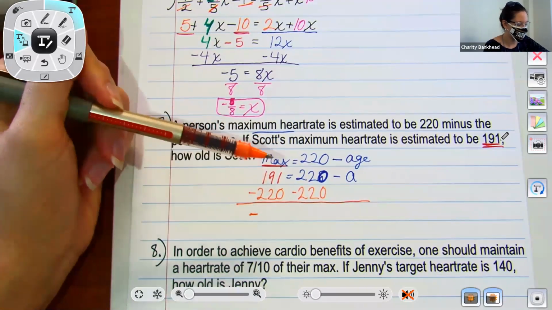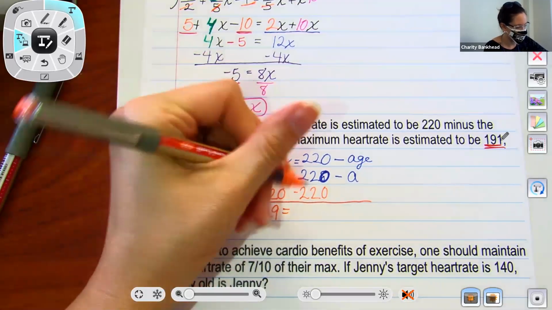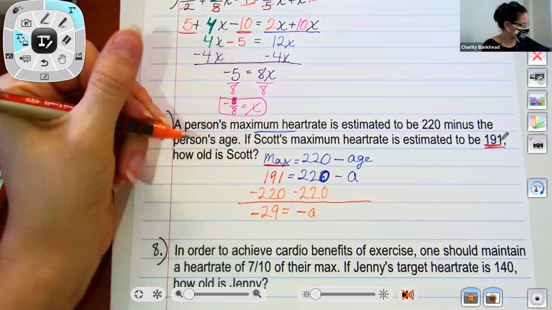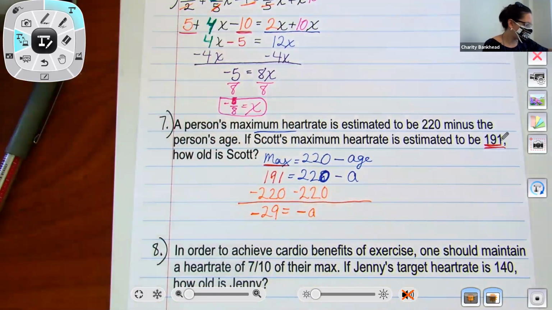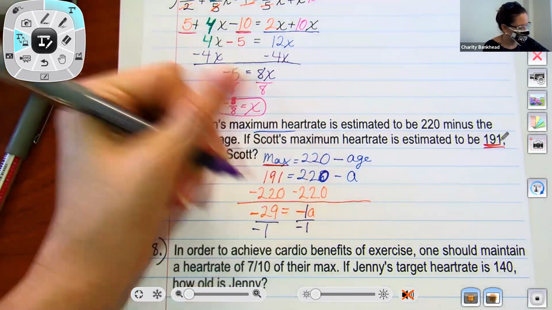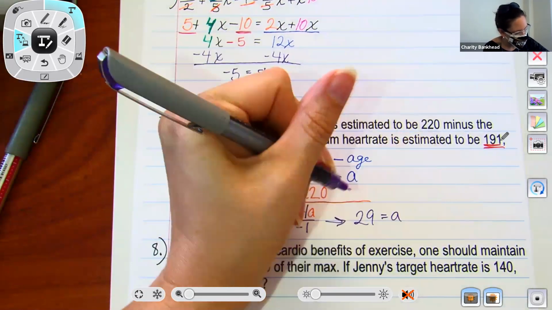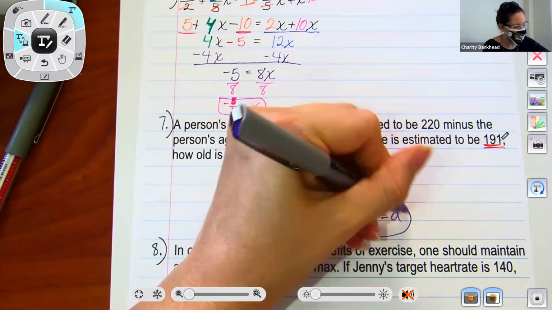So that's going to equal 29. So negative 29 equals negative A. And negative A is the same thing as negative 1A. So divide both sides by negative 1. So that gives you 29 equals A. So Scott is 29 years old.